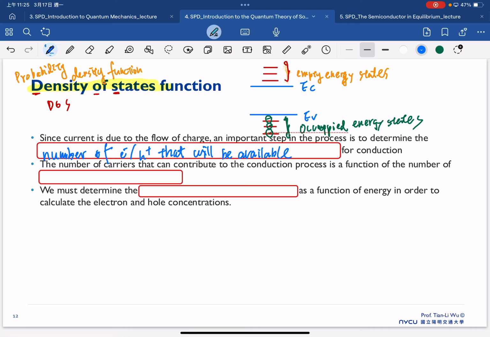Because if we want to understand the current, first we need to estimate how many charges we can have. That's crucial, because the current is mainly due to the flow of the charge.